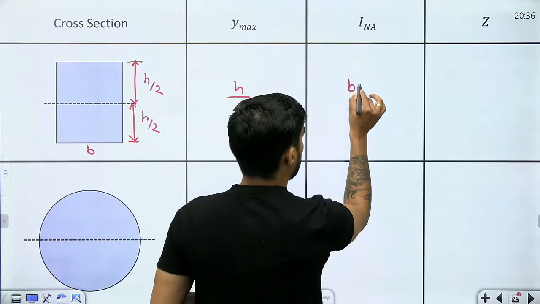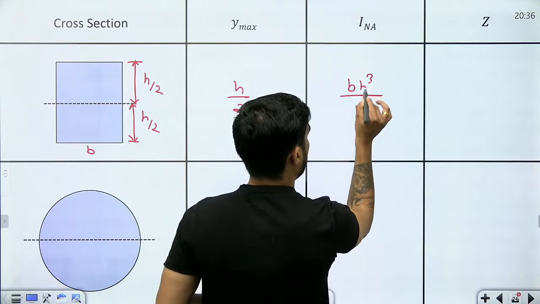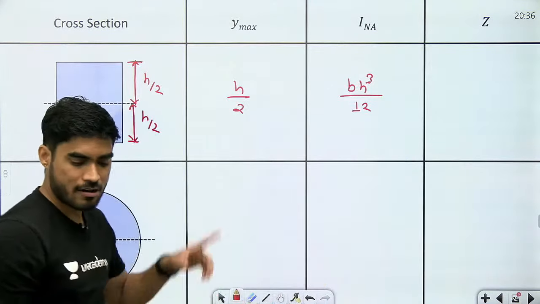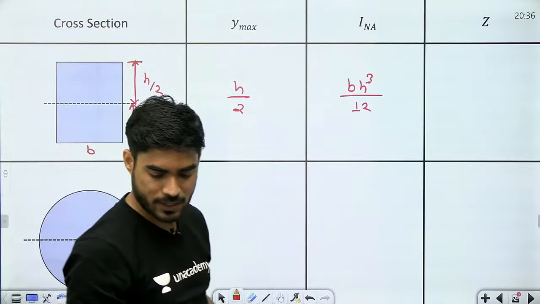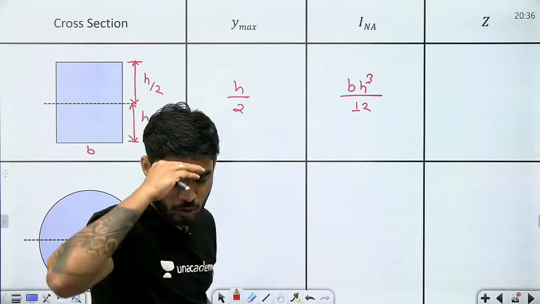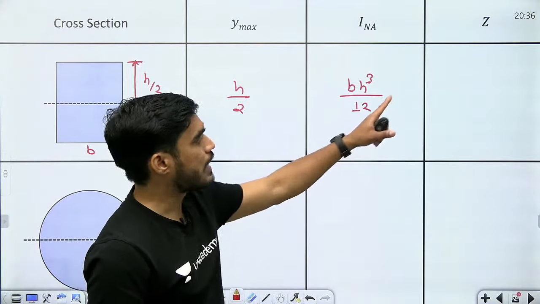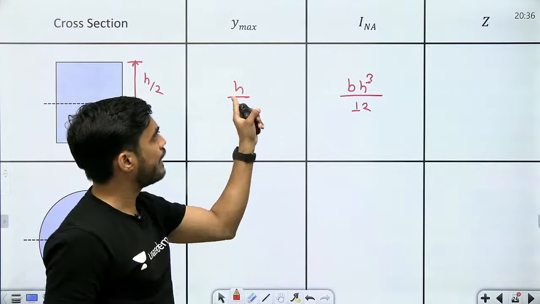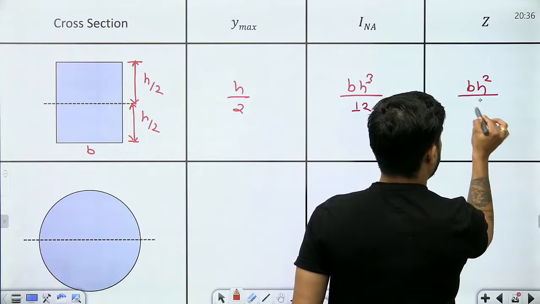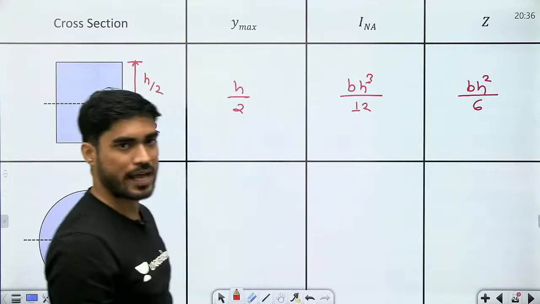It will be bh cube by 12. So this is a rectangular cross section, and most questions come from the rectangular section. Now beta, what will be z, I by y maximum? You will get bh square by 6. So for a rectangular section, z is bh square by 6.